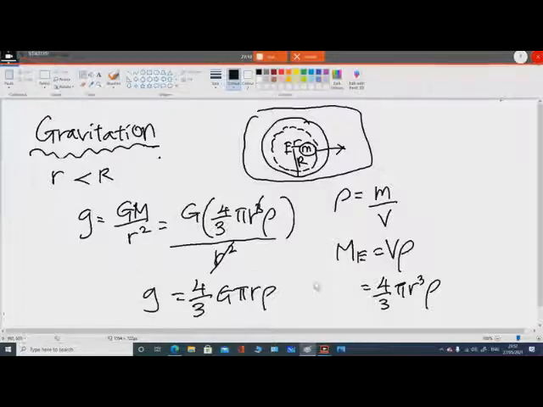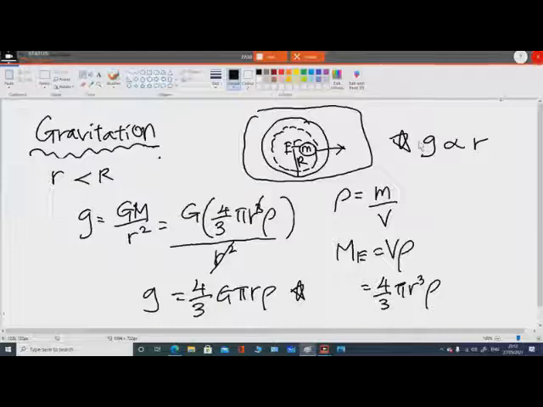Okay, from here we can see that the gravitational field strength of the Earth is directly proportional to the distance between the Earth's center and the mass of the object.